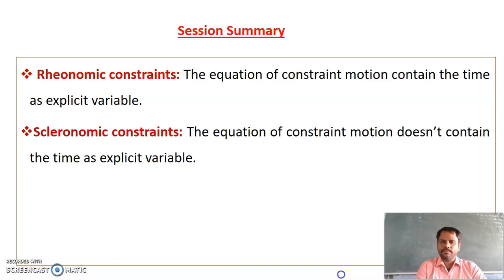So in this session, we learned what rheonomic constraint and scleronomic constraint mean. If the equation of a constraint motion contains time as an explicit variable, we call it a rheonomic constraint. If the equation of a constraint motion does not contain time as an explicit variable, we call it a scleronomic type of constraint.